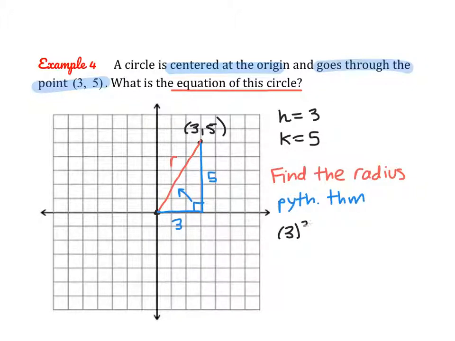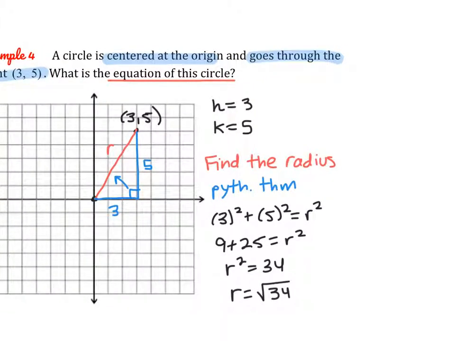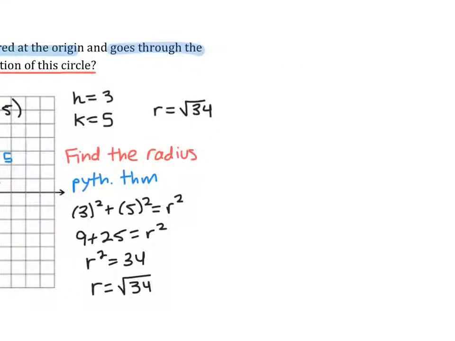So 3 squared plus 5 squared equals r squared. 9 plus 25 equals r squared. R squared equals 34, so r is the square root of 34. Now we just did a problem where our radius has a square root, and we treat it just like any other radius. So now we have all of the information we need, h, k, and r, to make our equation.